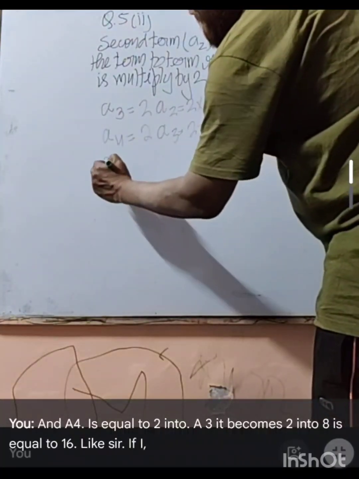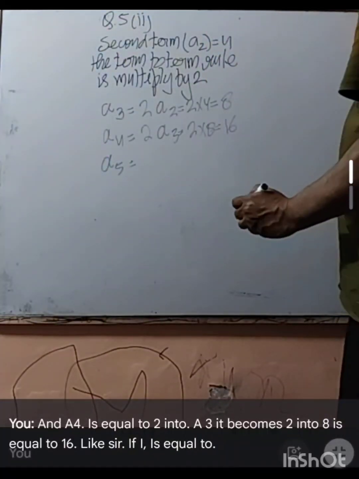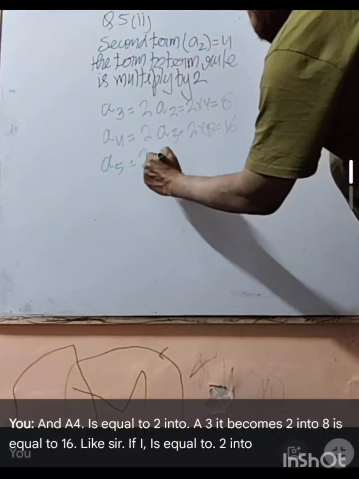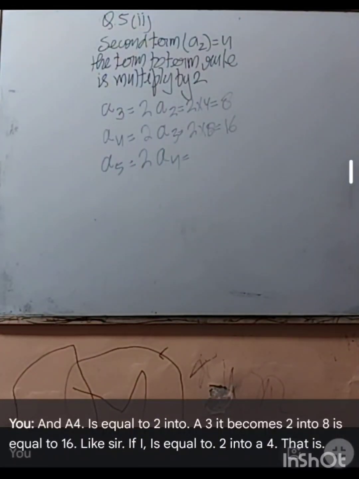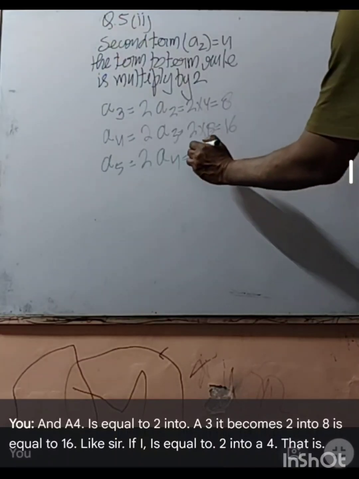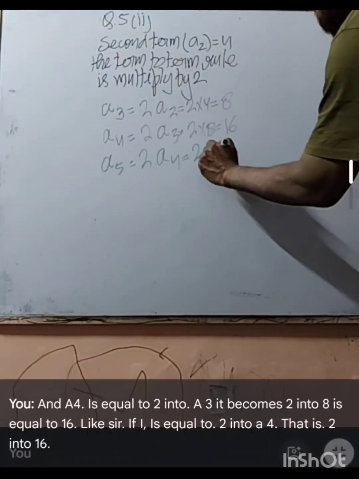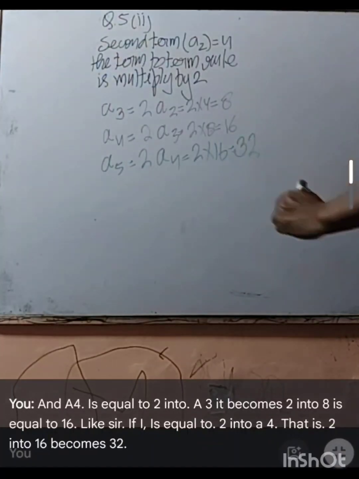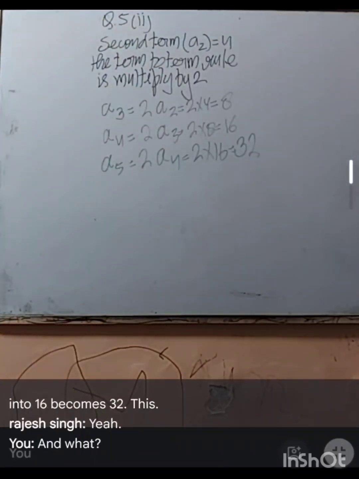A5 is equal to 2 into A4, that is 2 into 16 becomes 32. And what will be the A6?